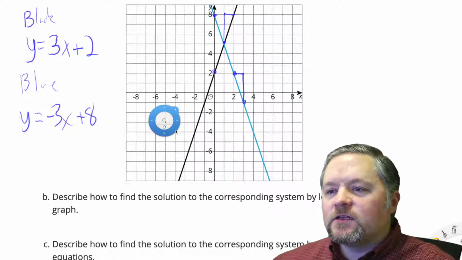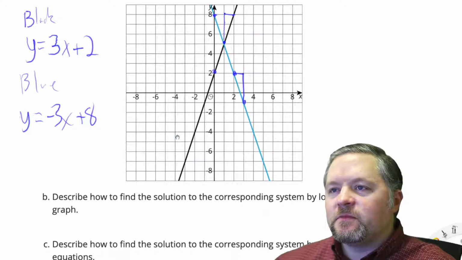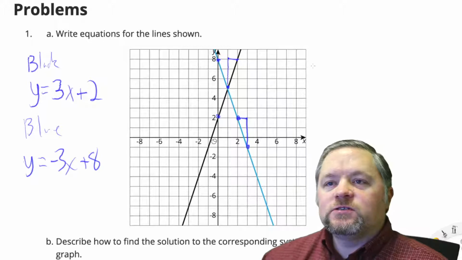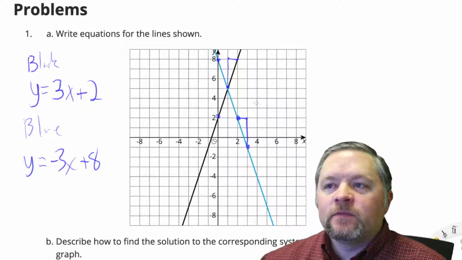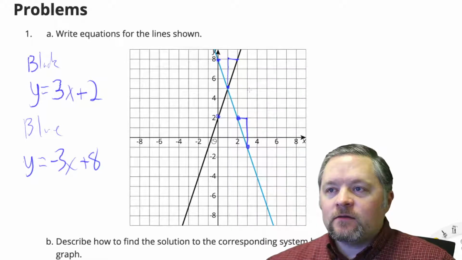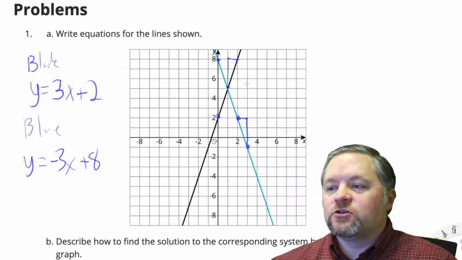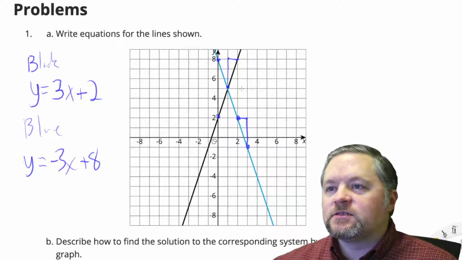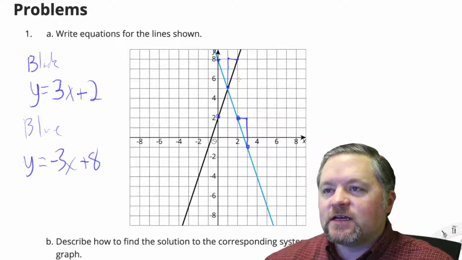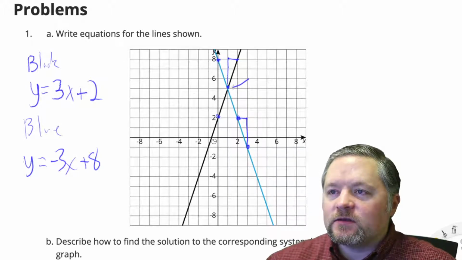Describe how to find the solution to the corresponding system by looking at the graph. A solution to a system of equations is a value of x and y. Like the solution to one equation is the value of x, the solution to a system of equations is an x and y value. It is a point.